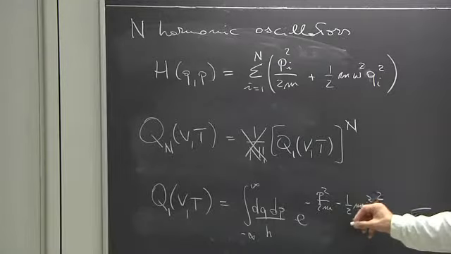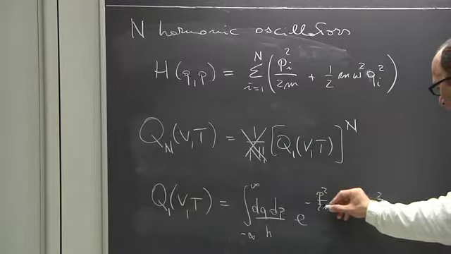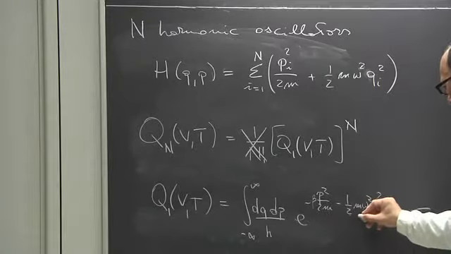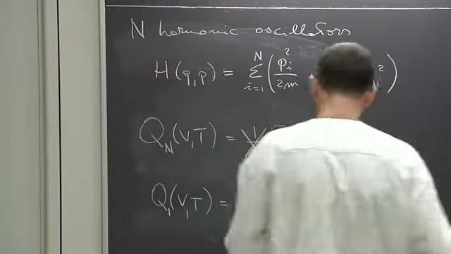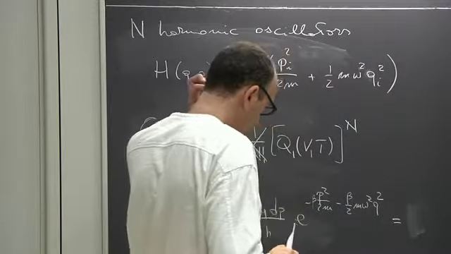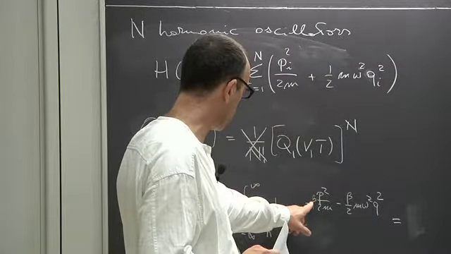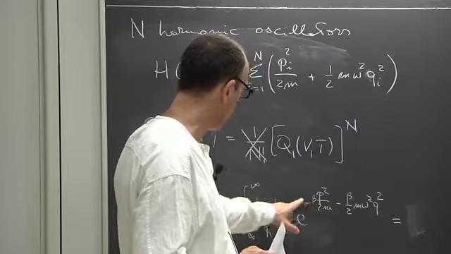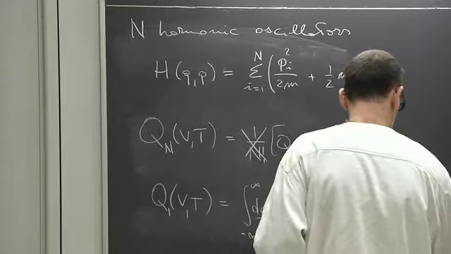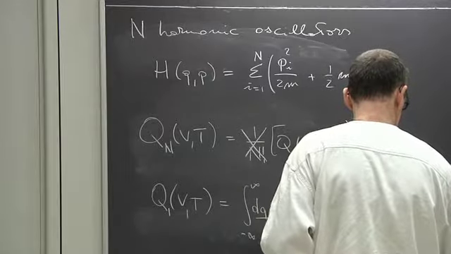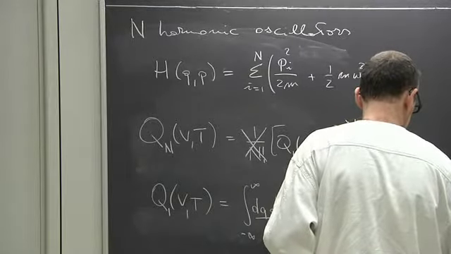Sorry, there is also beta here, okay? So when I do the integral in dp, this will be 2 pi m divided by beta.